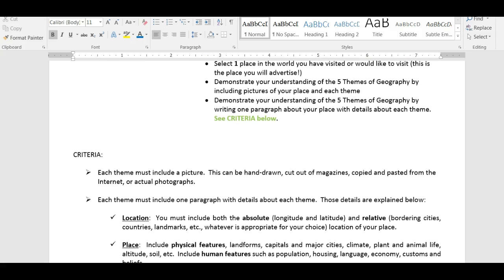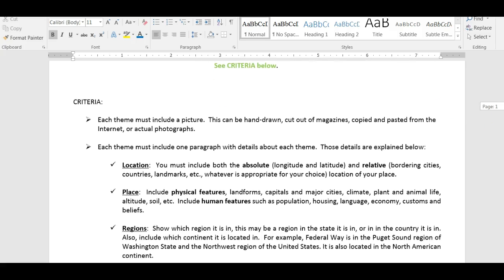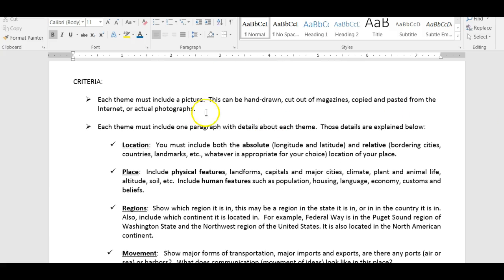Okay. And so the biggest thing with this project is that you are demonstrating, you are showing me what you understand about the 5 themes of geography that we've been studying for the past couple of weeks. Okay? And so the first thing here is that each theme must include a picture.